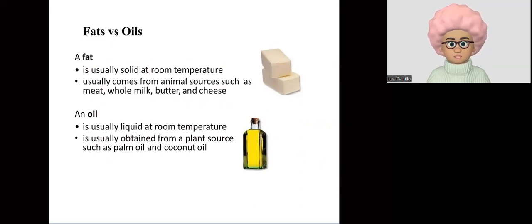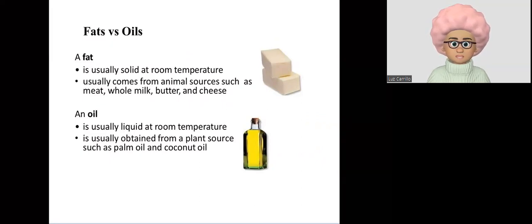On the other hand, oils are liquid at room temperature, and they are obtained from plant sources. So, for example, if you look at a jar of palm oil or coconut oil, which are among the oils that are semi-solid at room temperature, we call them oils and not fat because they come from plant sources.